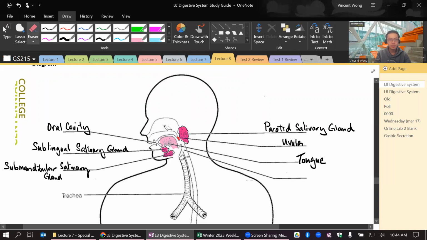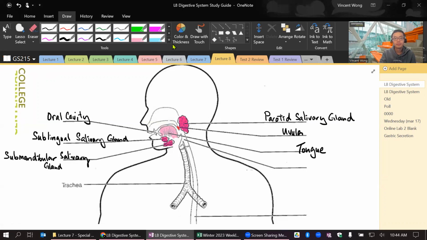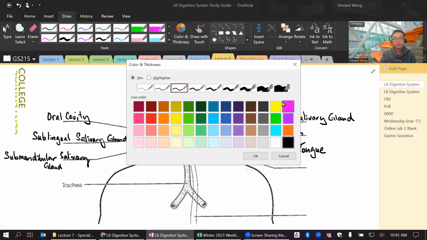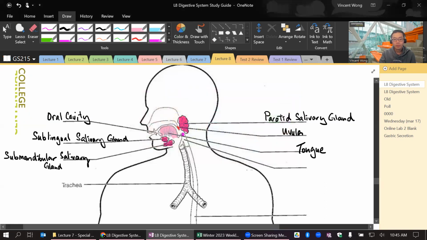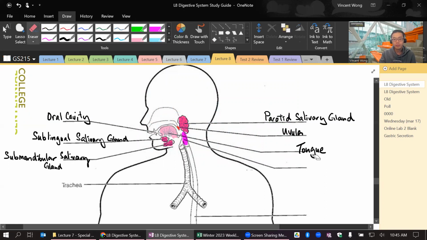It will seal the nasal cavity when we're swallowing. Over here, that's the back of the throat, or the pharynx.